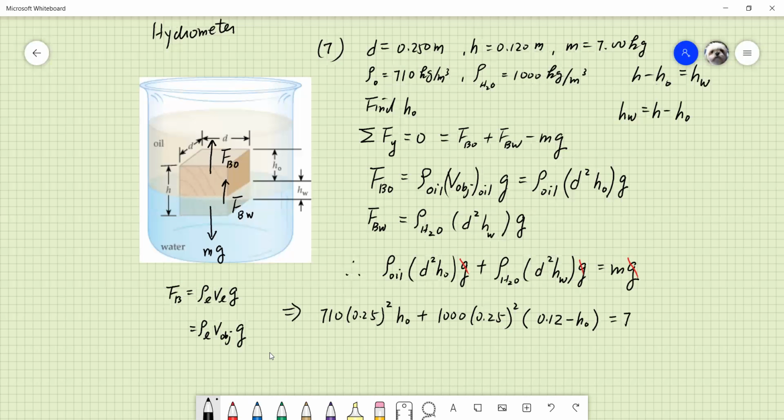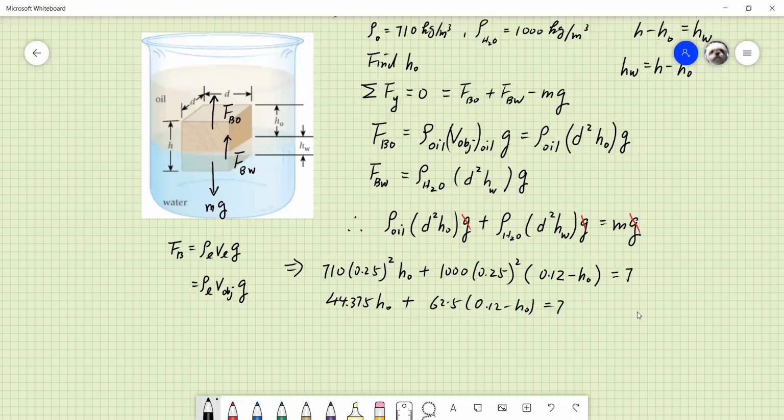So I have 0.25 squared times 710, which is 44.375 HO. Plus, I have 0.25 squared times 1,000, which is 62.5, and then times 0.12 minus HO equals 7.